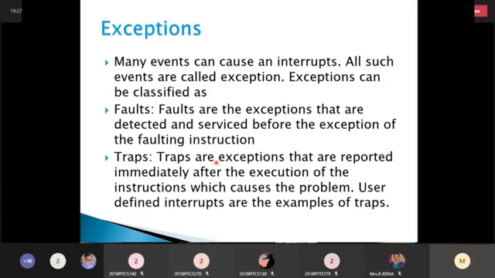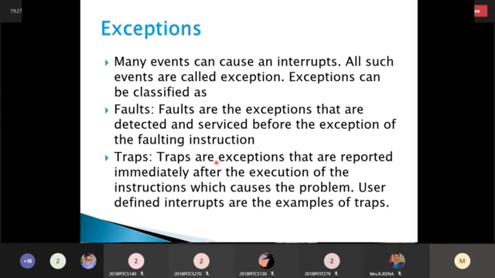Faults are the exceptions that are detected and serviced before the execution of the faulting instruction. A trap is another type of exception that will be reported immediately after the execution of the instruction which causes a problem. The user-defined interrupt is the best example for a trap.